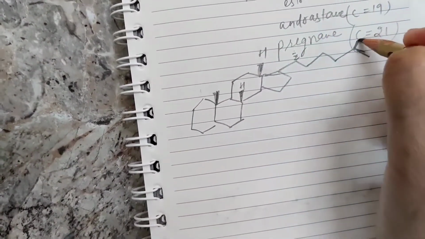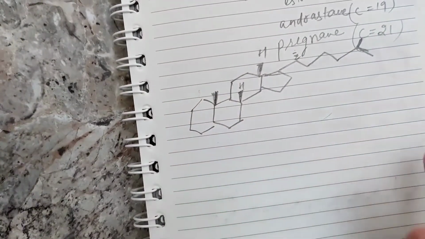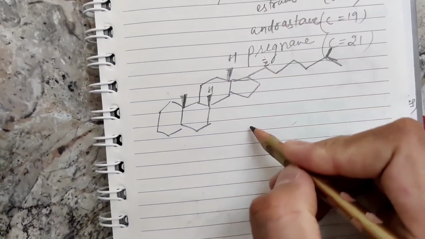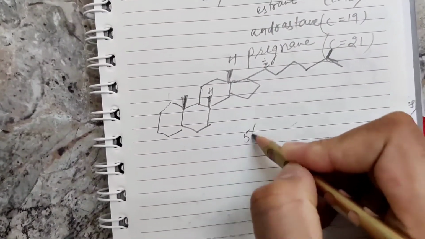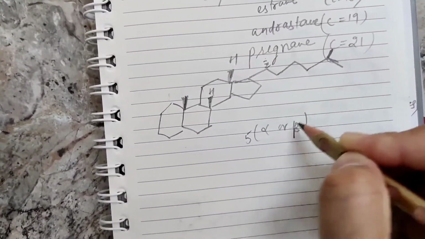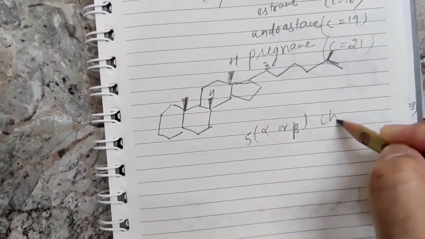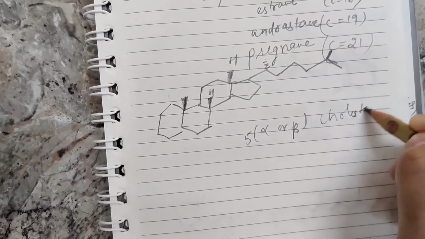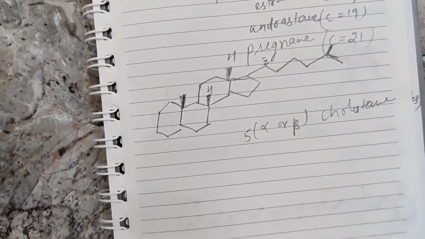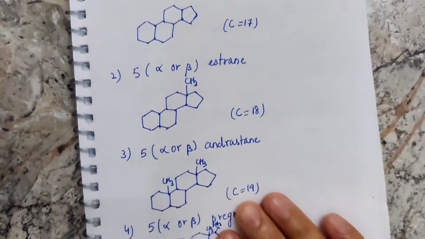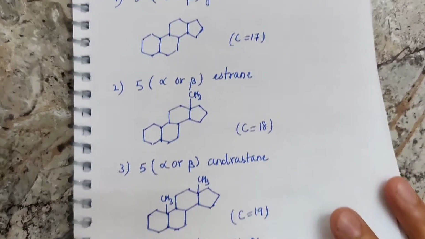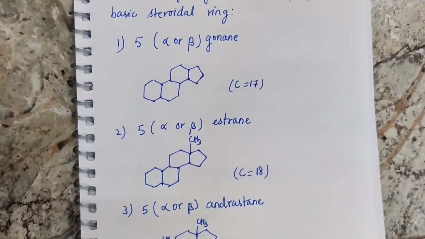This is also a methyl group. So if this kind of structure is present, then it is 5 alpha or beta cholestane. Okay, these are the 5 different forms, 5 different names we give to all the derivatives of steroid.